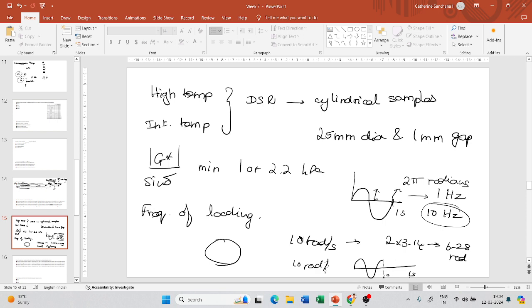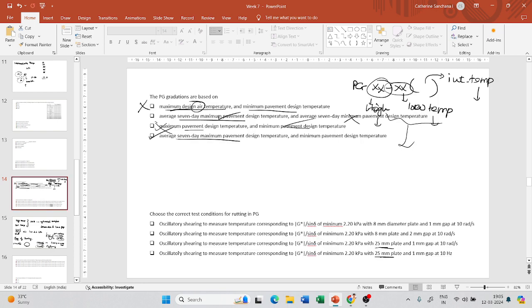If it goes at this speed, it has a frequency of 10 radians per second, which means one cycle would be complete in less than 1 second. So that is the frequency of loading, and for PG grading we always do the testing at 10 radians per second. So the answer to this is C.